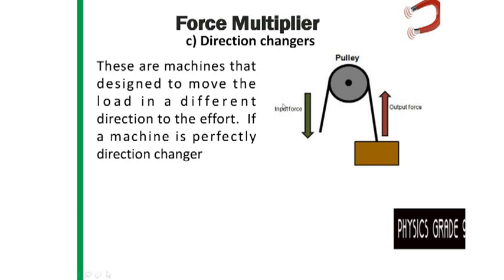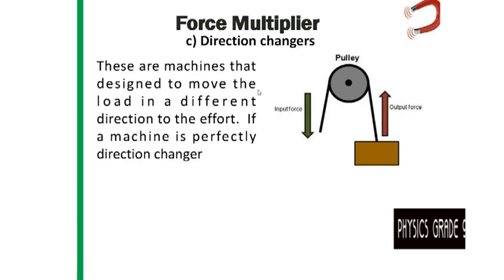So, for example, if we look at this diagram here where we have a pulley system, you can see that by applying an input force downwards, in other words, by pulling on this rope, the pulley rope, you can see that the output force will be moving in the opposite direction. So in other words, this is useful if you want to lift an object upwards. You apply a downward input force, and that results in an output force which moves upwards.